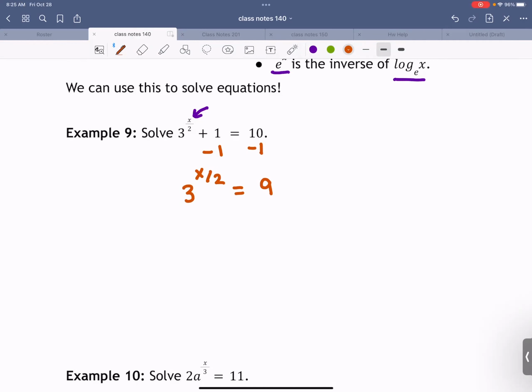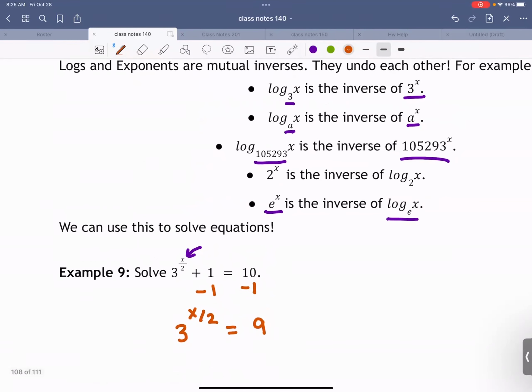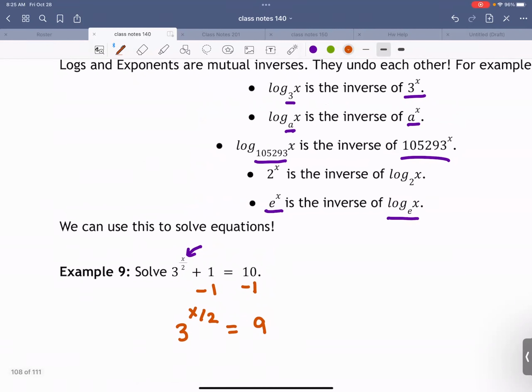Any ideas on how we can undo this exponent? We could put it in log form, but there's actually an x over 2 in the exponent, which is going to make it a little bit hard. What undoes 3 to a power of something? I think I heard you say it. Not the square root. Look at what we have here.